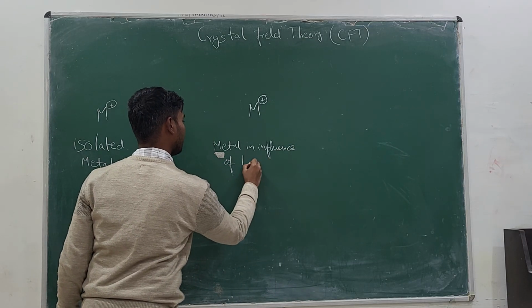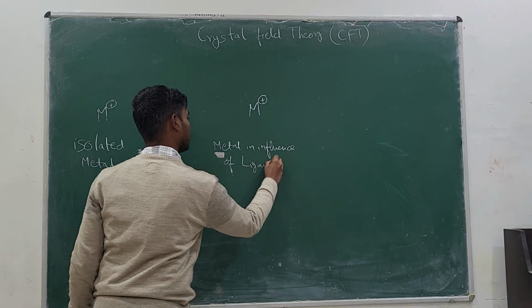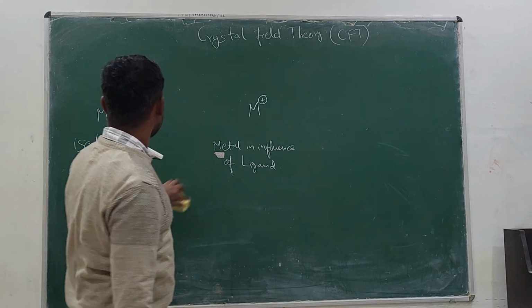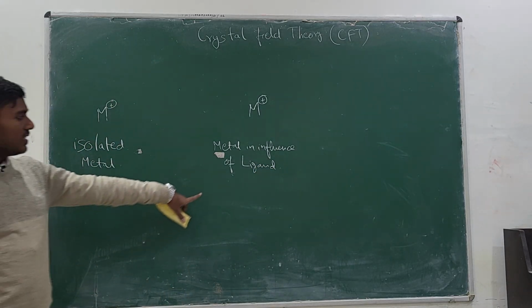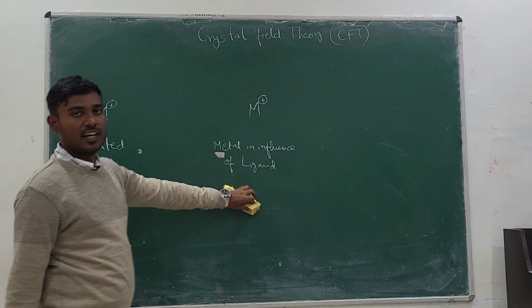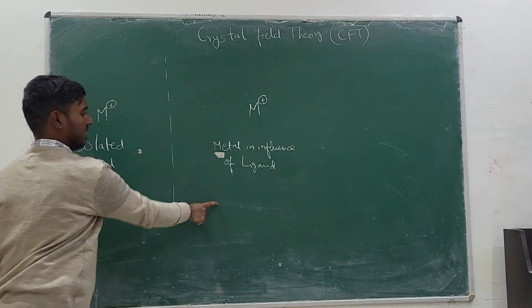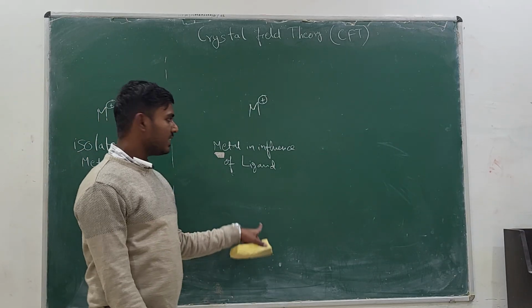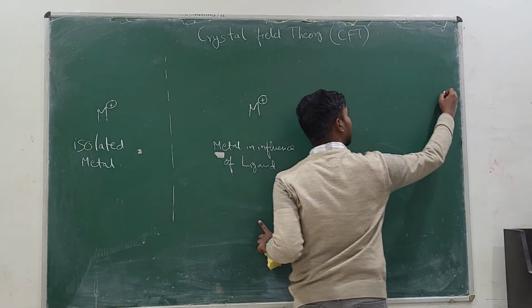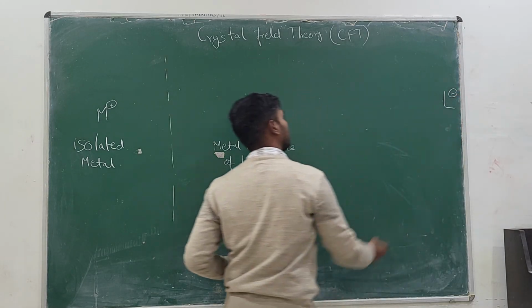So this is the isolated metal and this one is the metal in the influence of ligand. We can see these two different cases. In this case, our ligand is very far away from the metal.